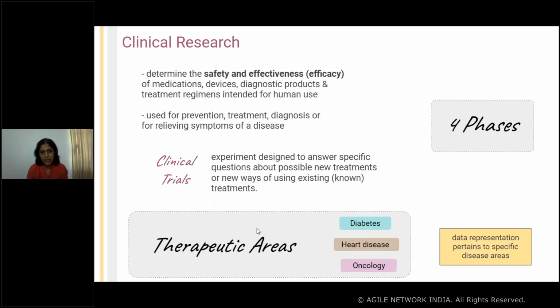And when it comes to clinical trials, it is an experiment. These are experiments designed to answer specific questions about possible new treatments or new ways of using existing treatments. To give you a very easy example, say the vaccine in this case. How much is the dose that has to be administered to an adult, and what is the number of days that has to be between the first dose and the second dose.